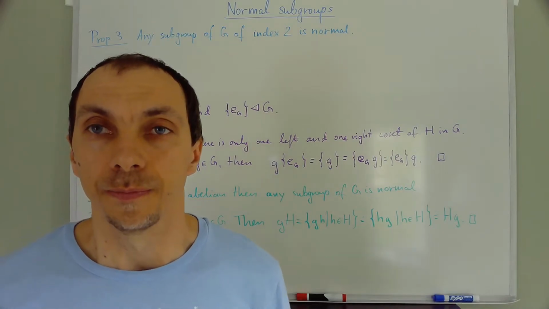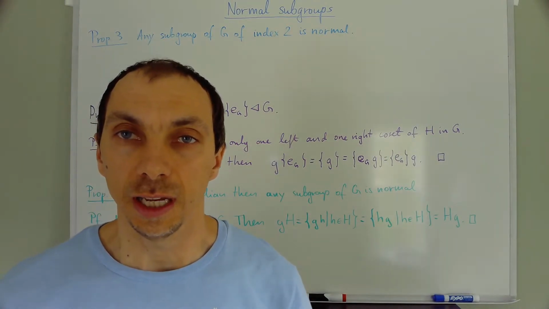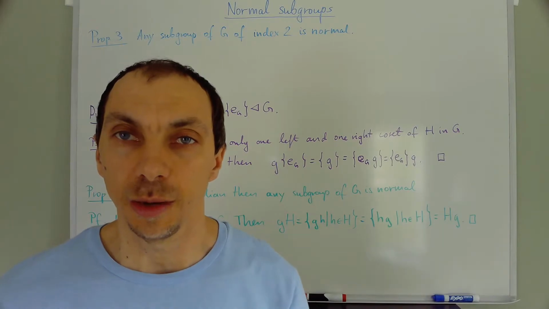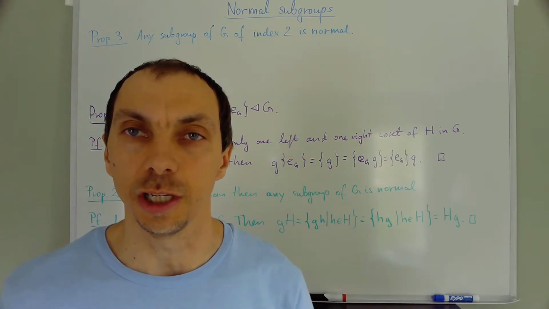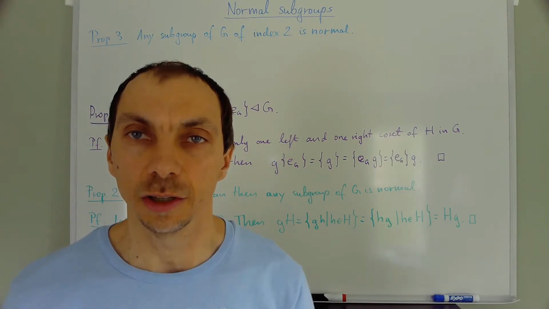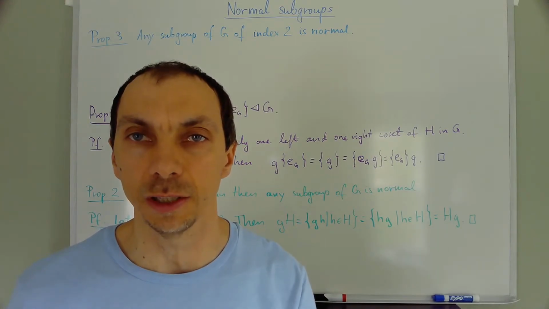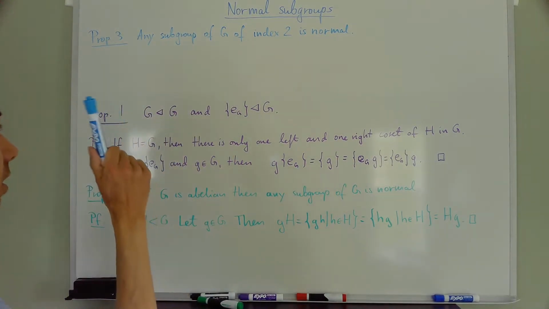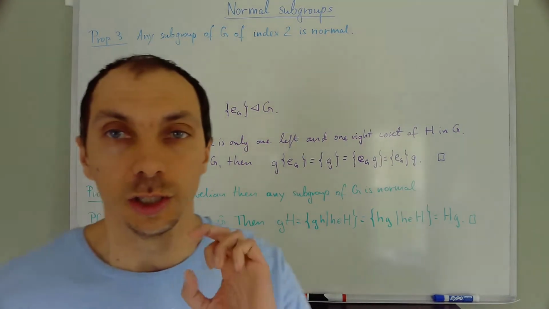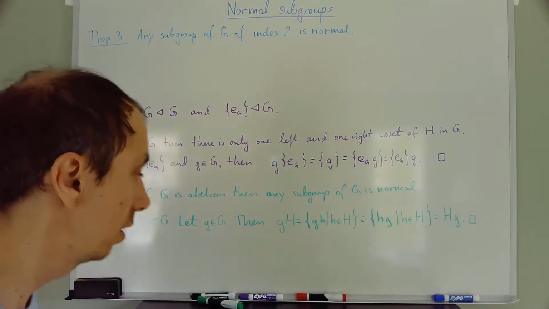What does that mean? By definition, the index of H in G is the number of left cosets of H in G. But as we showed in the last lecture, the number of left cosets is the same as the number of right cosets. So that means the subgroup only has 2 left cosets and 2 right cosets.